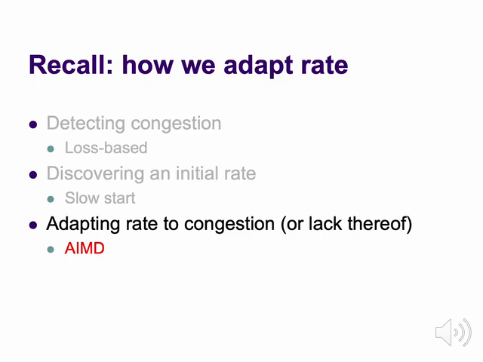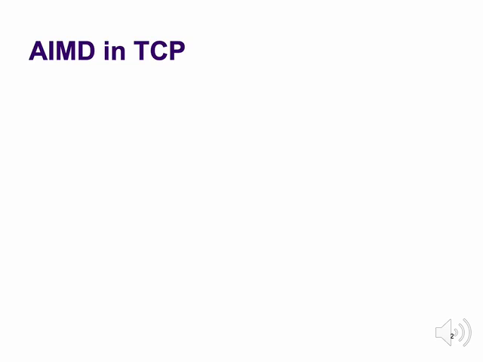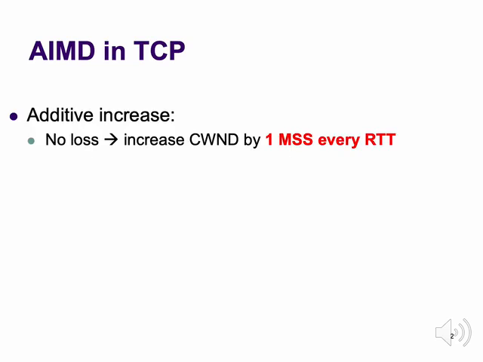So the last part of the design of how TCP works is this question of how you adapt your rate to congestion. And we said that the way in which we're going to do that is AIMD. So our next question is, how does TCP implement AIMD? So let's walk through that. The first part of how you do AIMD is your additive increase.